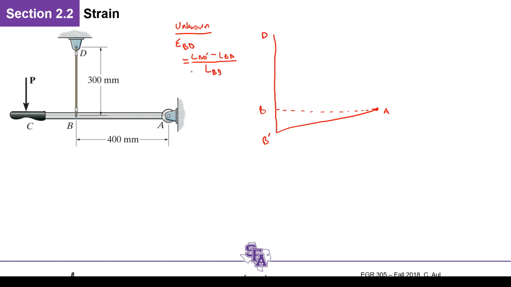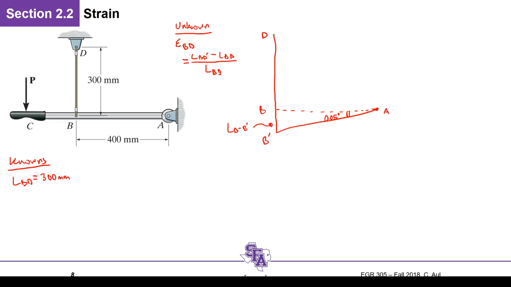Because LBD would be the original length. Okay, so we already know LBD is given to us by the problem, 300 millimeters, right? Now we just need to really find this, I guess we can call this LBB prime, which is right here, if we knew that this angle here is given to us, 0.05 degrees, right?